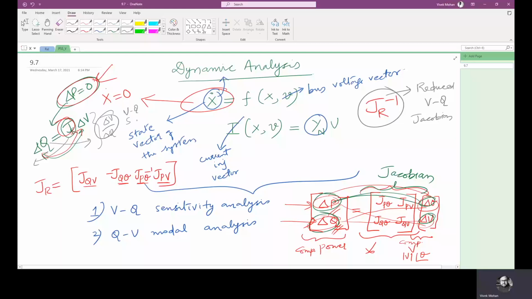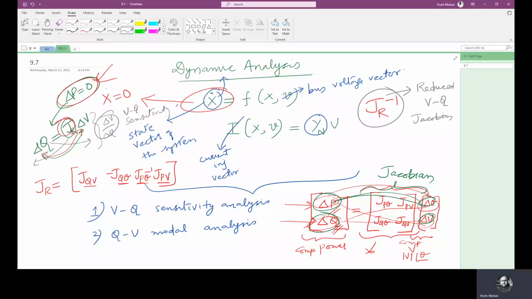And we have already seen in the QV curve that a positive slope corresponds to, what is a positive slope? If we inject more reactive power to a bus, you are expecting an enhancement in the voltage profile of that particular bus. That means the direction of voltage and reactive power are in the same direction.